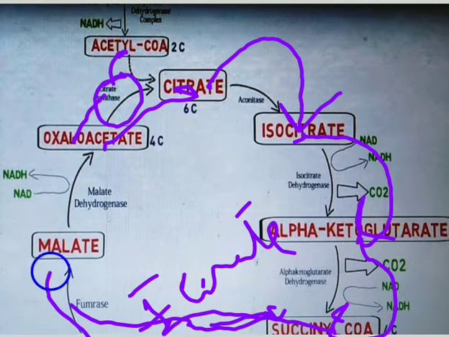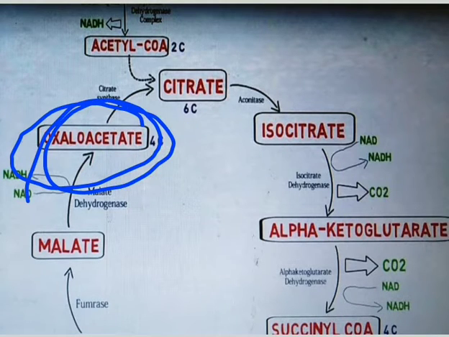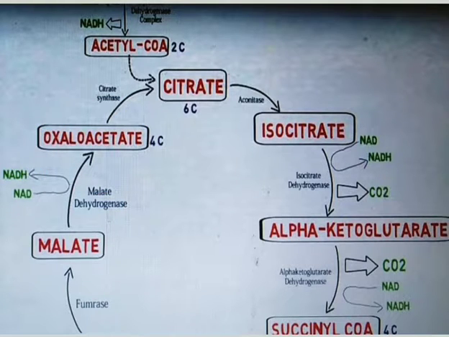Fumarate is converted to malate, and malate is converted into oxaloacetate. As oxaloacetate, which is used in the first step, is regenerated, it is called the catalyst for this reaction. So the enzymes we have to memorize here, the first is aconitase.